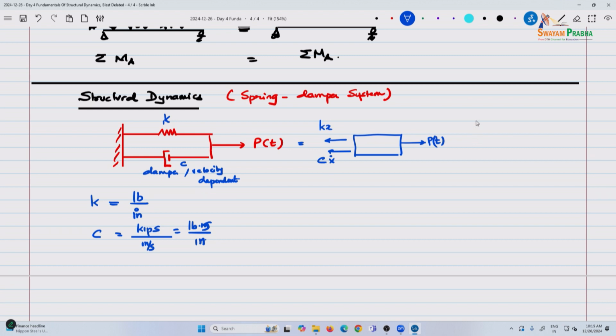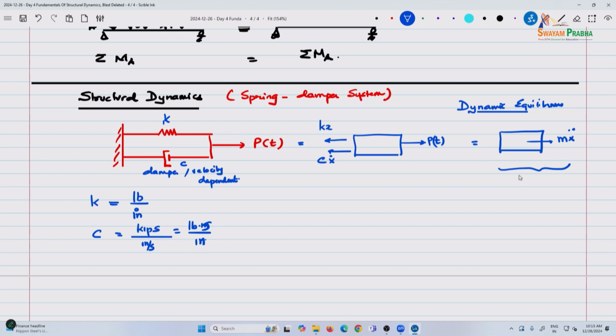And in a dynamic equilibrium, so this whole thing is in a dynamic equilibrium. There are several ways to look at it. I like to put this in the form of a free body diagram, then you have a dynamic free body diagram. This is m x double dot. The force mx results in an acceleration.